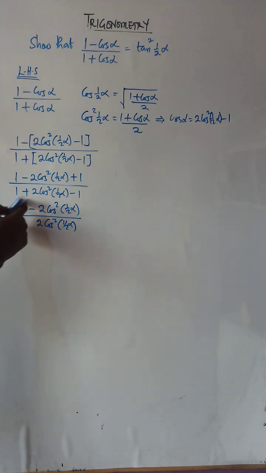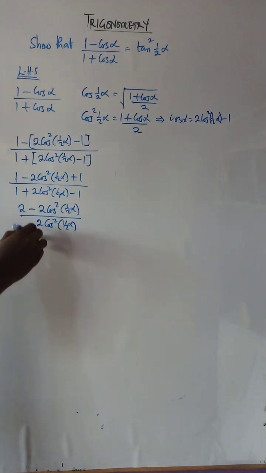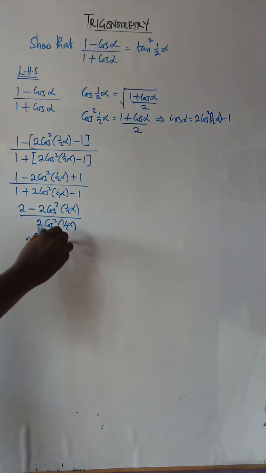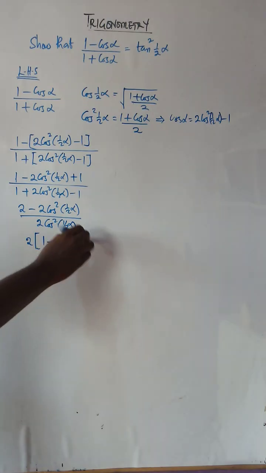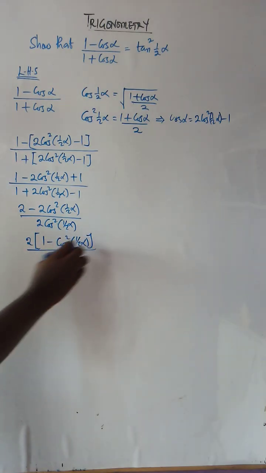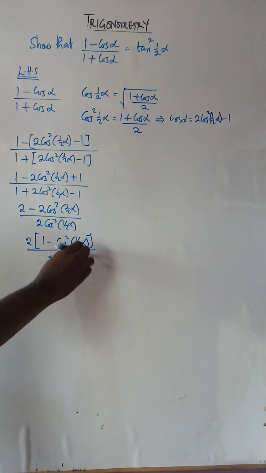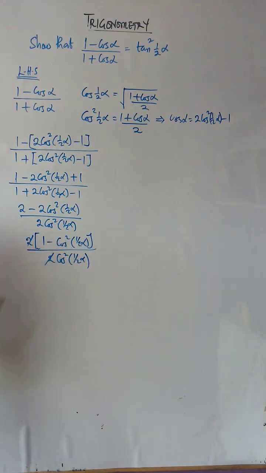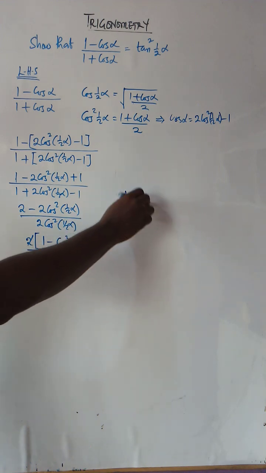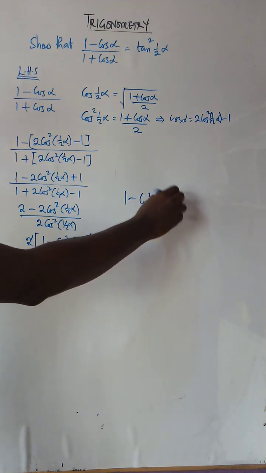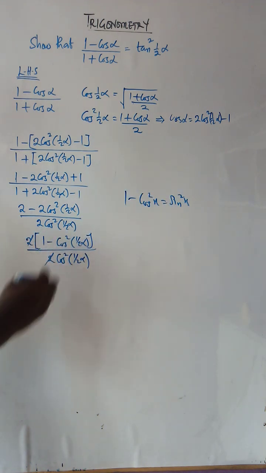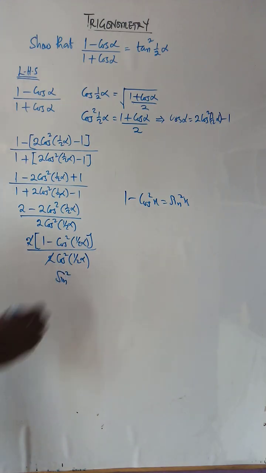What next? 2 is common here. So factorize 2. We are left with 1 minus cos square half alpha over 2 cos square half alpha. 2 cancels 2. So what's 1 minus cos square x? 1 minus cos square x equals sine square x. So everything here becomes what? Sine square. What's the angle?